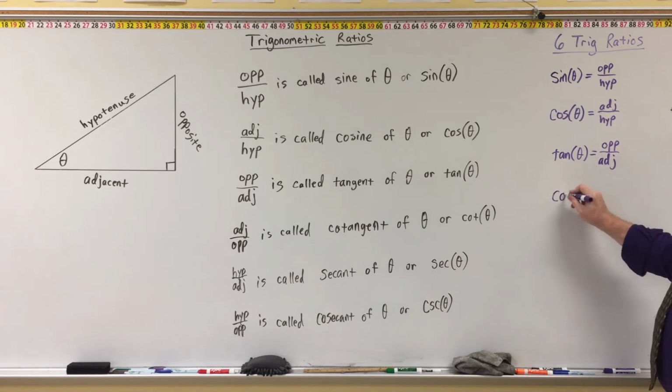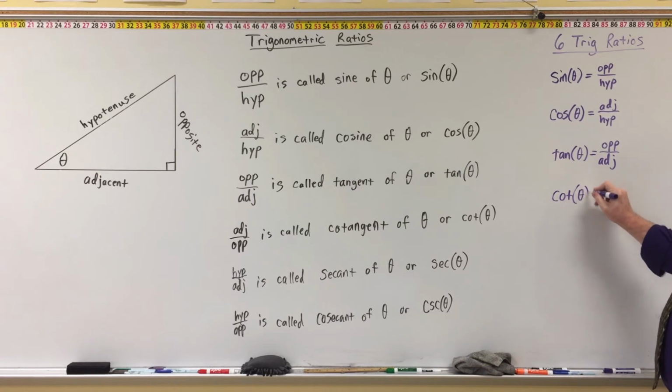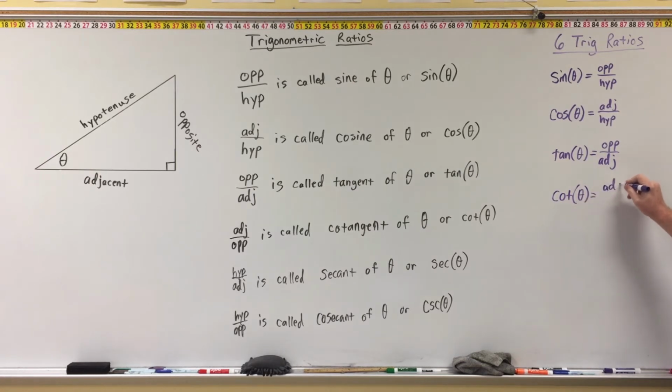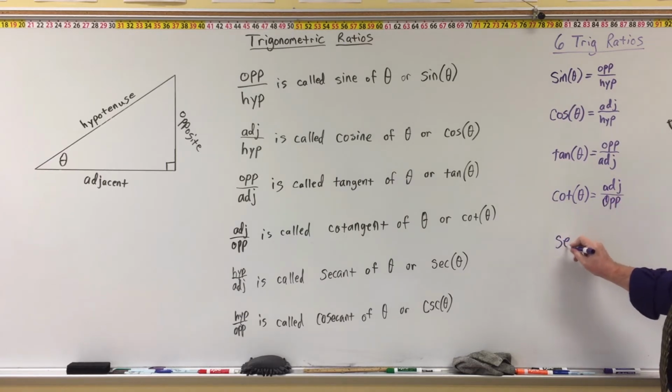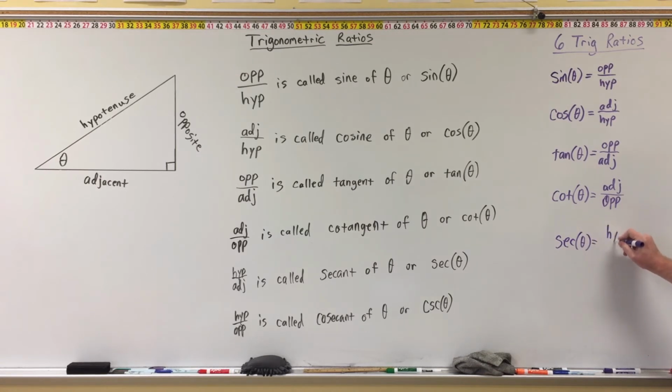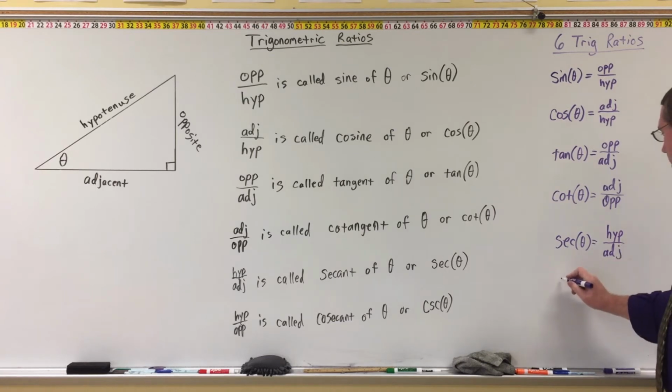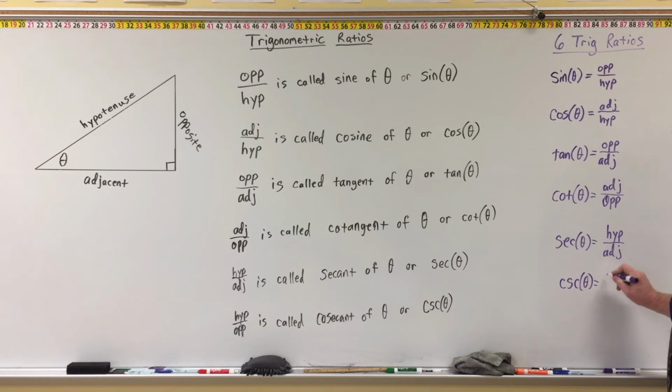Then the cotangent of theta is adjacent over opposite. And then the secant of theta is hypotenuse over adjacent. And then the cosecant of theta is hypotenuse over opposite.